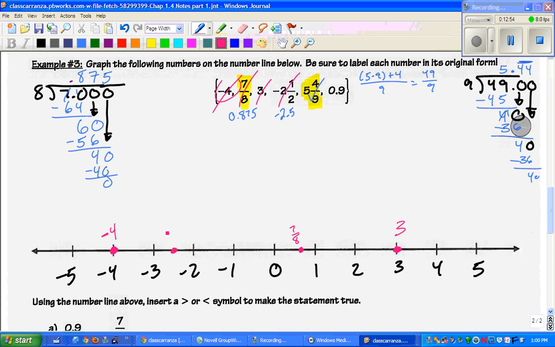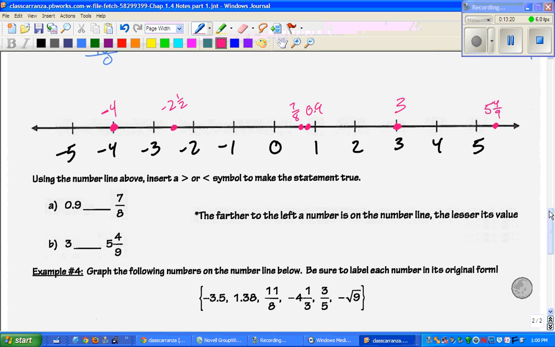Negative 2 1/2 in between the negative 2 and the 3. 5 4/9 is 5.444. And the last one, 0.9, which is right afterwards. Okay?